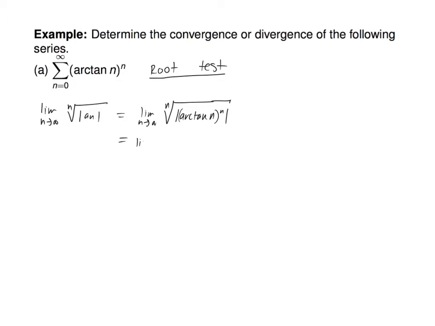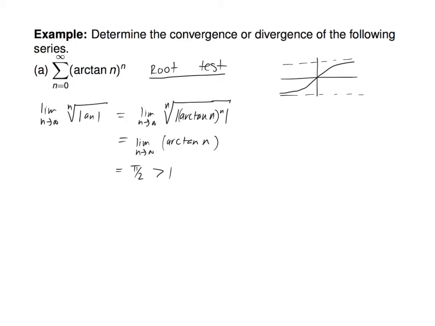Yeah, and really what you're going to get here is the limit as n goes to infinity of arctangent of n, because you only care about positive n's. Arctan, you should know, because I keep trying to make you know this, looks like this. It's bounded at negative pi halves and pi halves. And so as n goes to infinity, where does arctan go? Pi halves, which is bigger than 1.